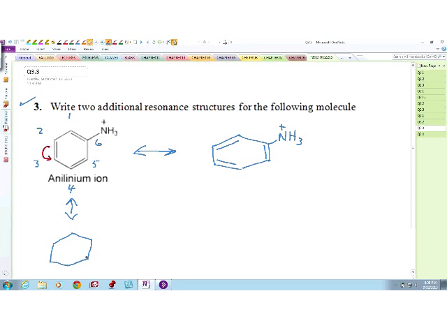Okay, if we do that, this will stay right here, and this will stay right here. And at this point, since you have moved this pi electron to here, this carbon now has a non-bonding electron.